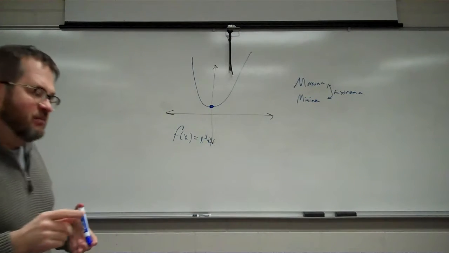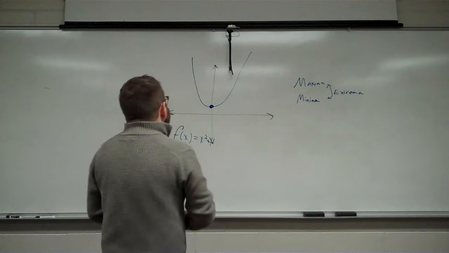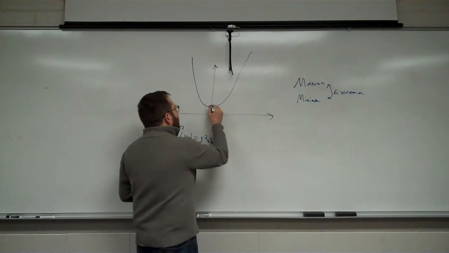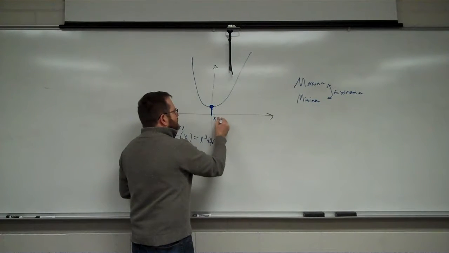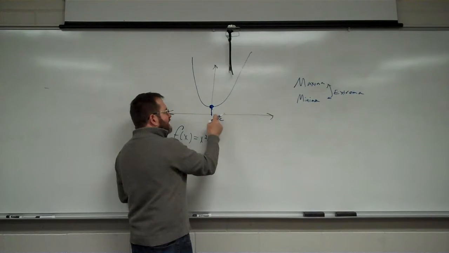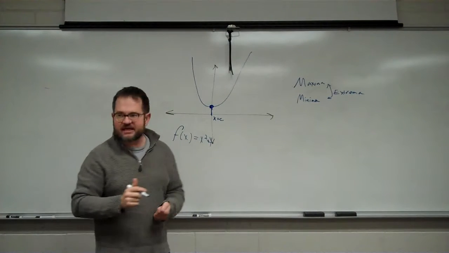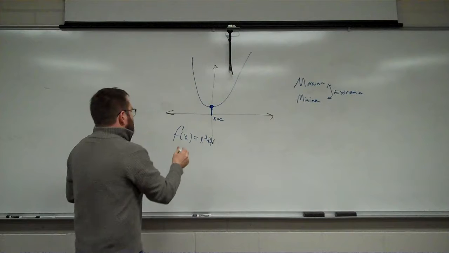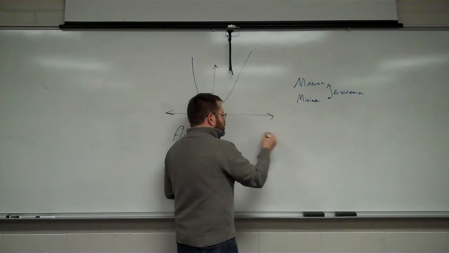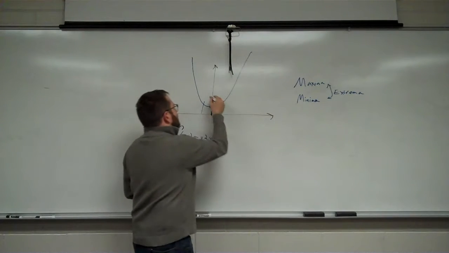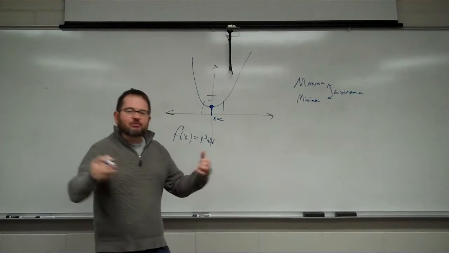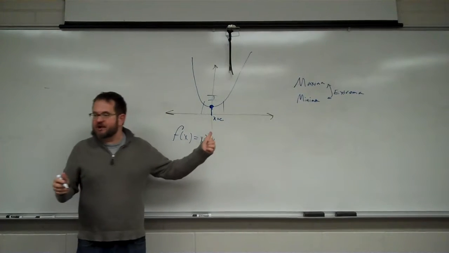Mathematically defining that is a little bit fancy. What we mean is that there is some value, like x equals c, at some value of x, like maybe x equals 0 in this case, where there is some range, we'll call that interval I, and this is the lowest one in that range.